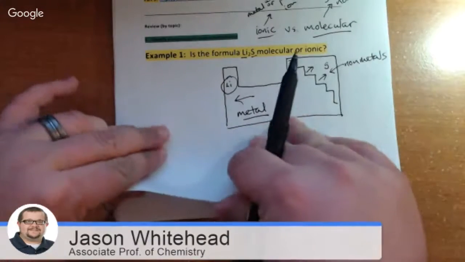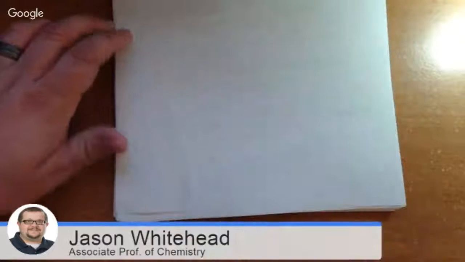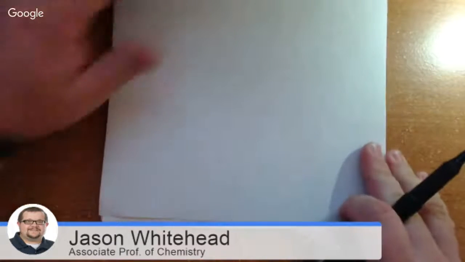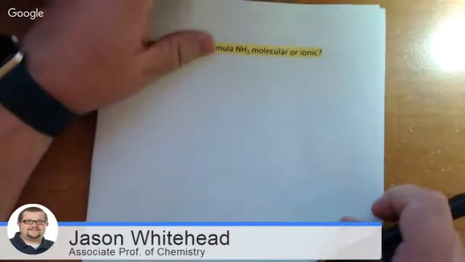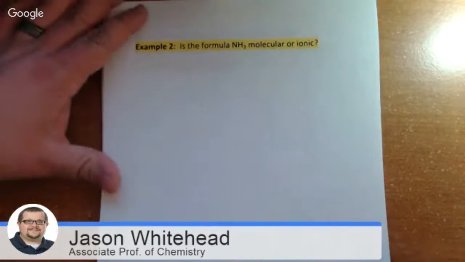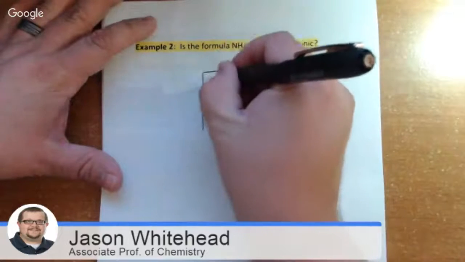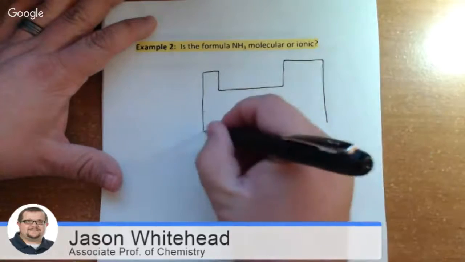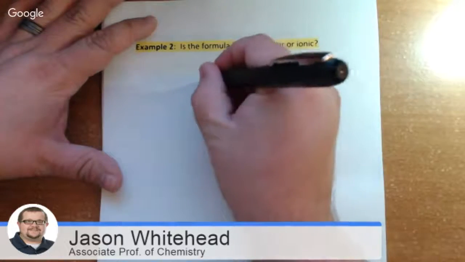So let's take a look at the counterpart for this. The counterpart for this is going to be something like NH3. Let me pull this up for you. Okay. NH3 has 2 elements in it, and one of them is a little bit tricky. If you look at the periodic table, we've got an N over here. We've got an H over here.